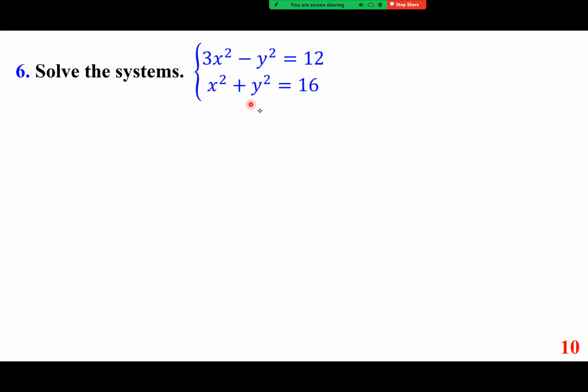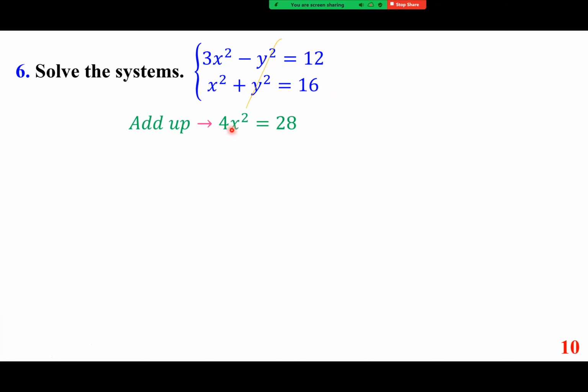Now we are dealing with a nonlinear system. So far, we've done systems of equations dealing with linear. Now they are nonlinear. But the methodology is very simple. We can add them up. We can clearly see if we add up, these two cancel each other. We end up with 4x squared equals 28.